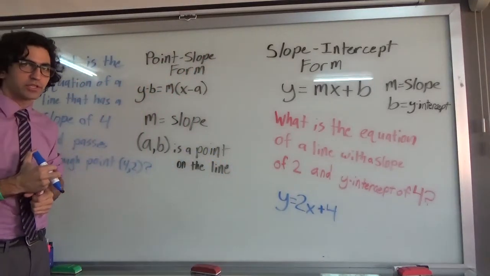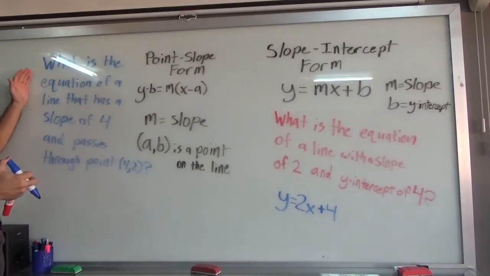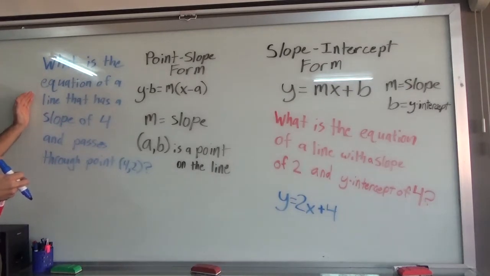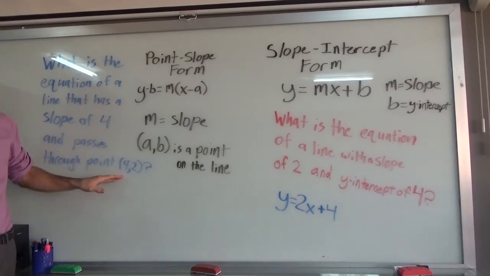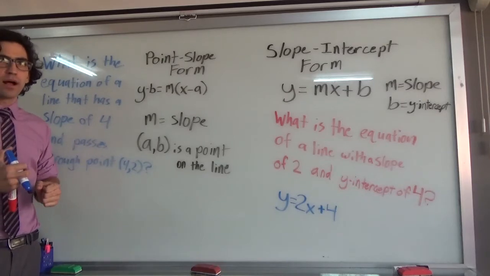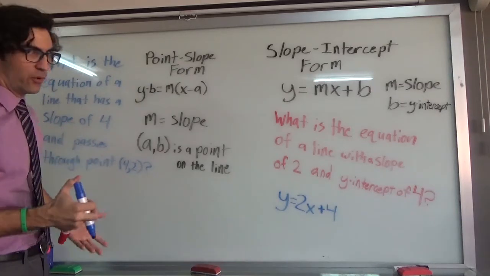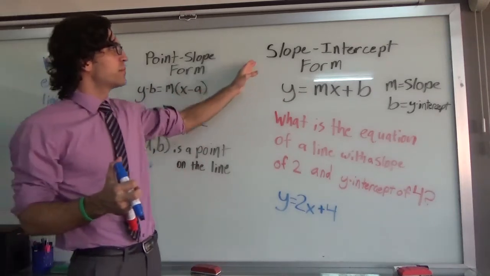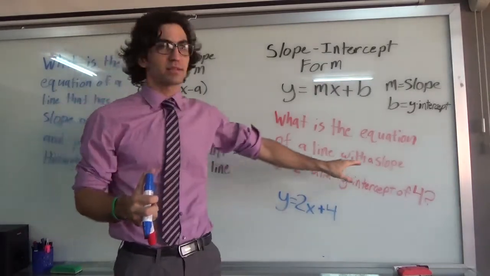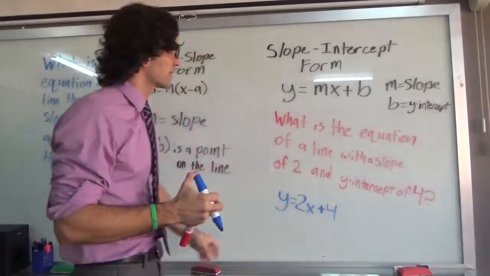Now, the other question asks, what is the equation of a line that has a slope of 4 and passes through point 4, 2? Well, we have a different form of lines. The slope-intercept form is good when you are given a slope and the intercept.